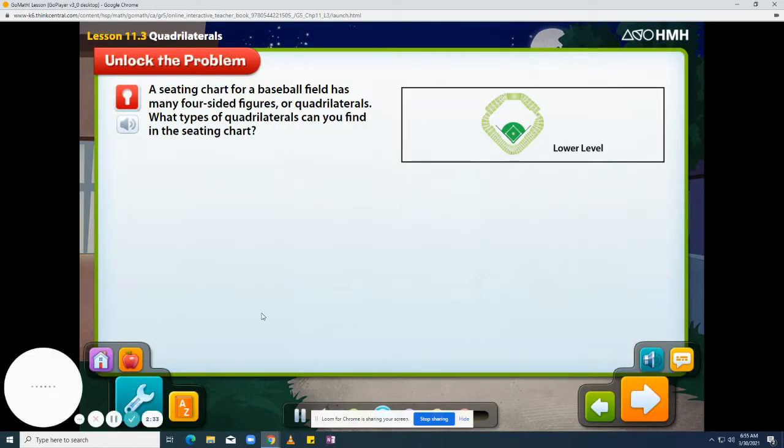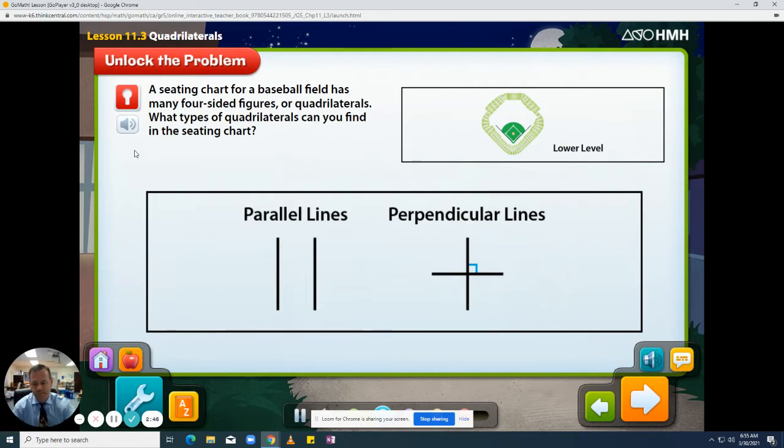Let's see how you can classify different types of quadrilaterals. Let's unlock the problem. There are special types of quadrilaterals. You can classify quadrilaterals by their properties, such as parallel sides and perpendicular sides. Parallel lines are lines that are always the same distance apart. Perpendicular lines are lines that intersect to form 4 right angles.